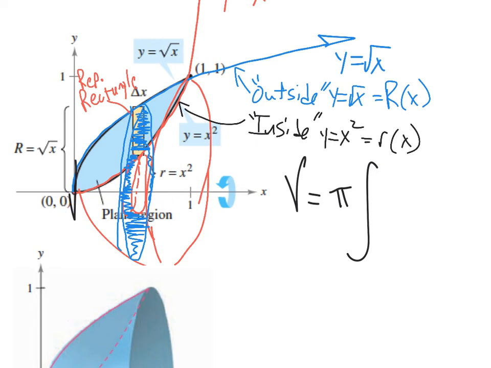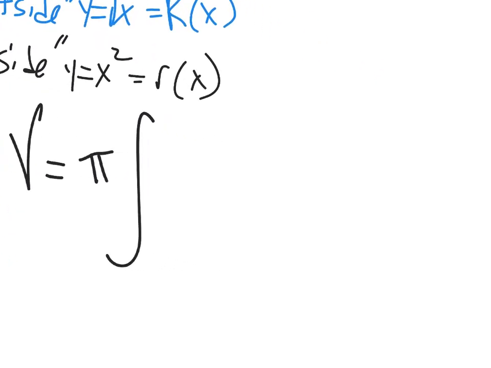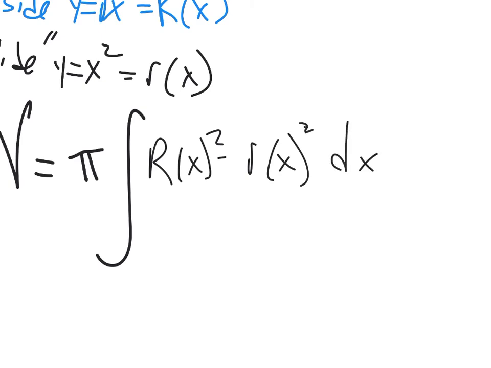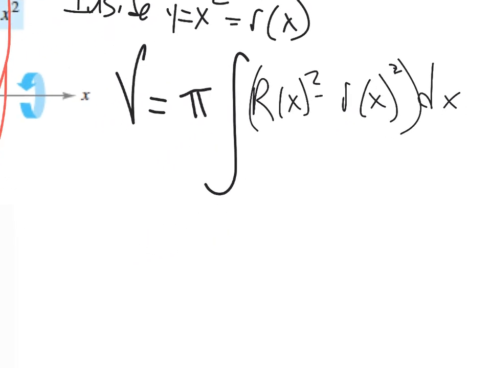Those are the x's. Each rectangle is going to be determined by where we're at on the x's, and these rectangles get infinitely thin. So we have big R squared minus little r squared dx. And there is our formula.